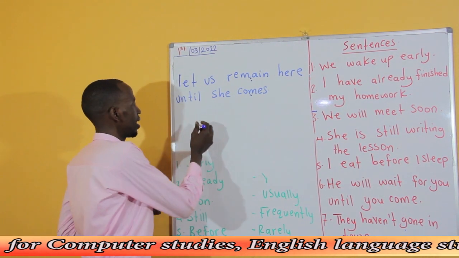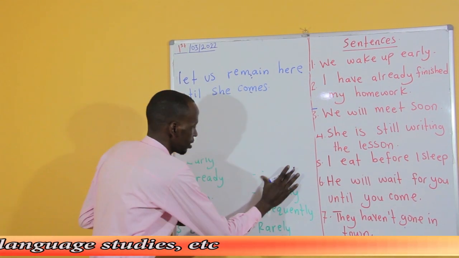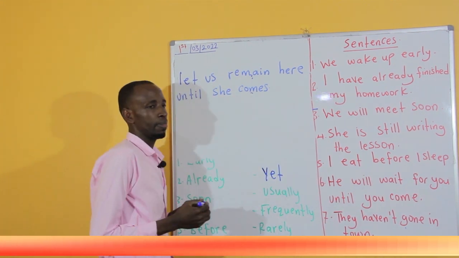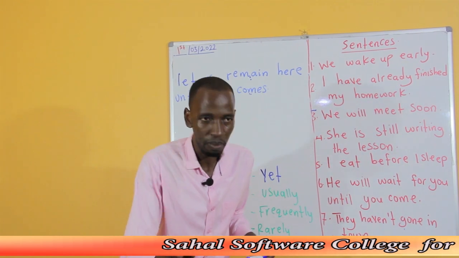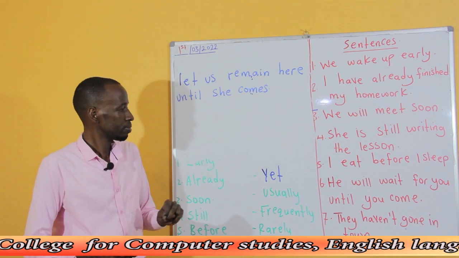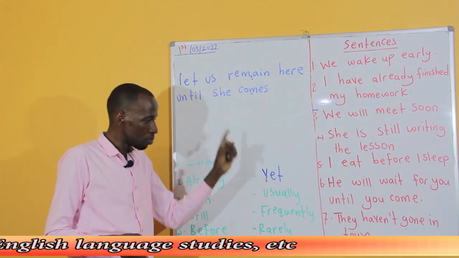Then another one, it is very important, yet. I want to write it again here. Yet. When do we use yet? Yet, my friends, is used in two ways. It is commonly used in negative and questions.